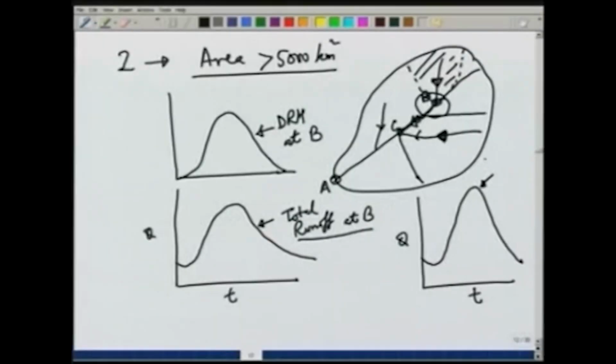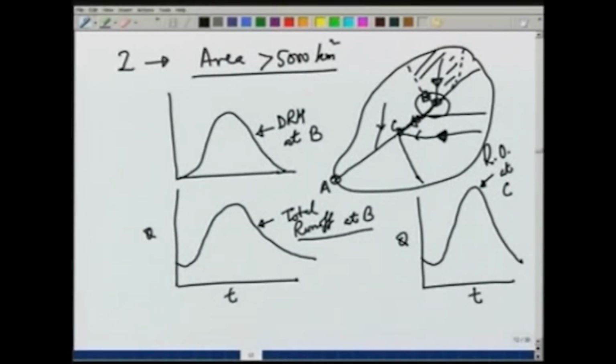So, this is runoff at C. Now, the problem is that there is a time lag. So, the time at which runoff occurs at point B and the time at which runoff occurs at point C, these time origins are not the same for these two graphs.